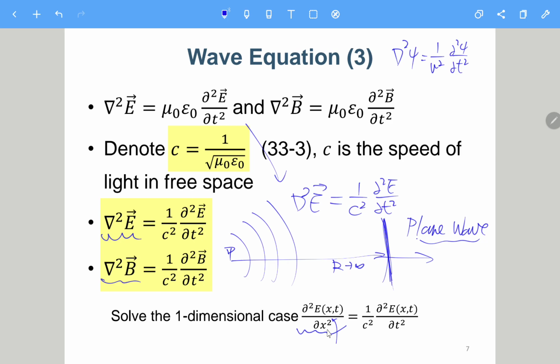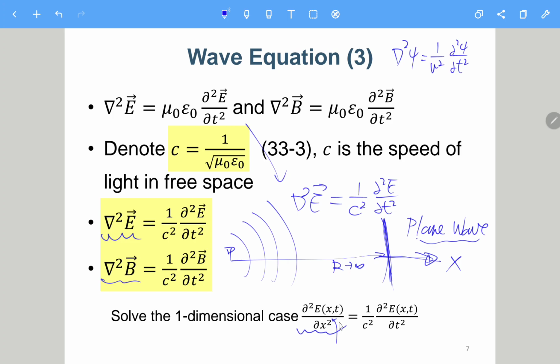Otherwise, if we don't choose a proper axis, then it might be quite complicated. But for simplicity, we just choose E to be only a function of x, which means that it is propagating along the x-axis. Of course, it can propagate along other axes like the y-axis or z-axis; we just need to change x to y or z.